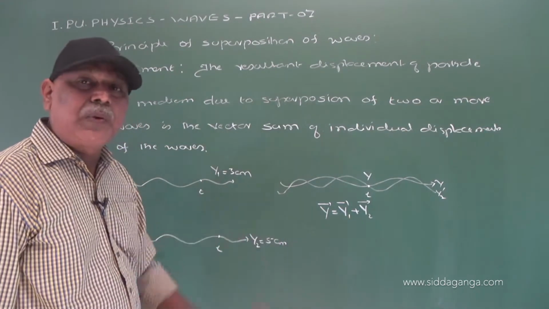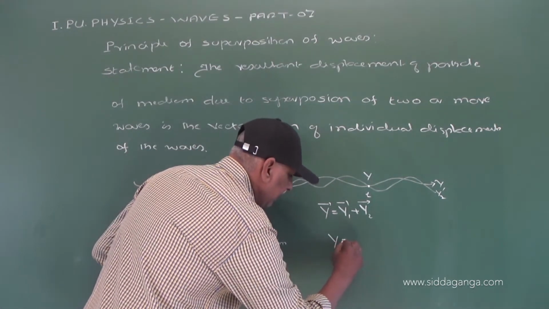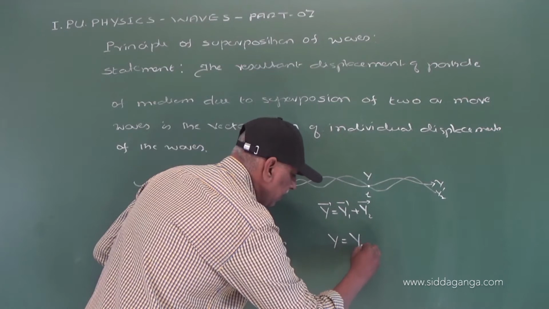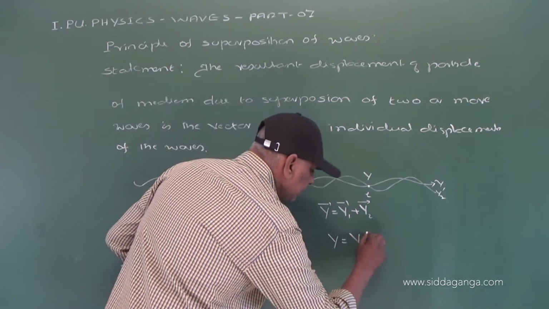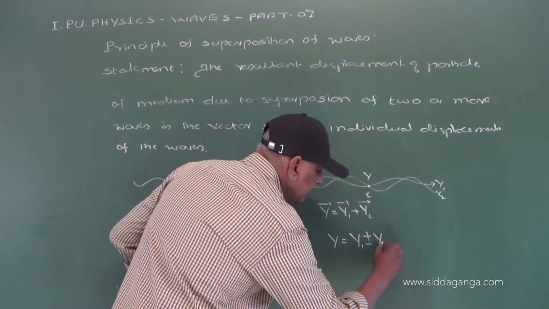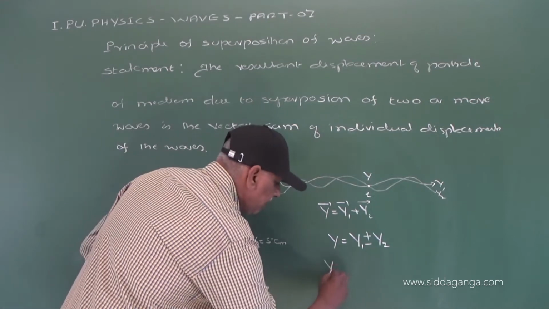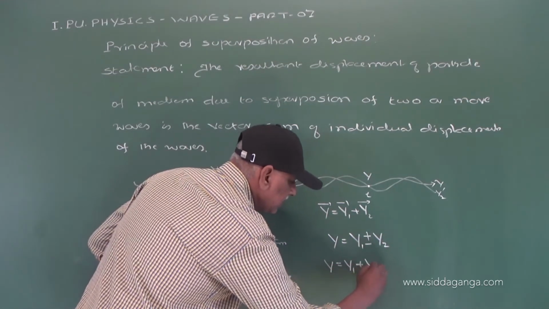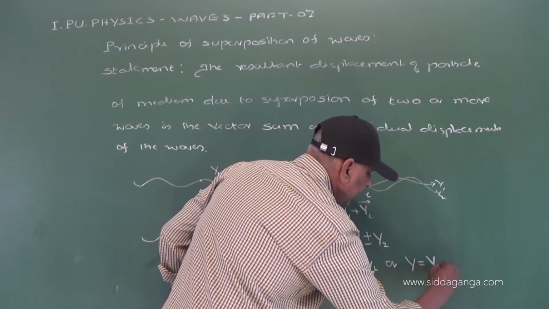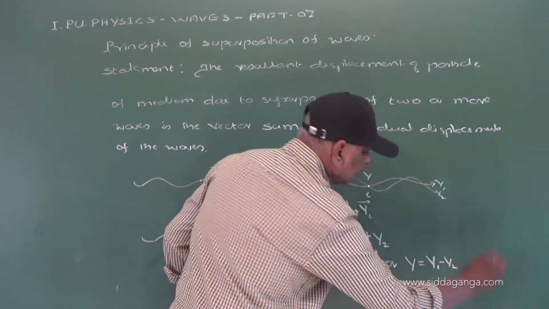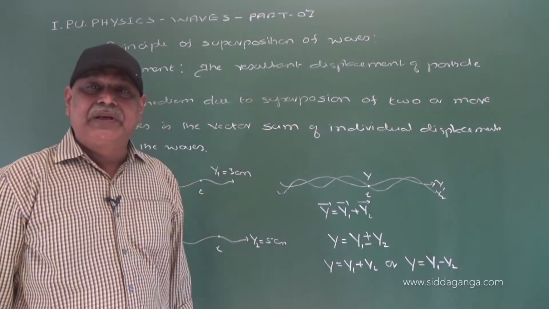When they superpose on each other, then the resultant displacement, I am talking about the magnitude of displacement, may be y1 plus y2 or y1 minus y2. y1 minus y2 means the difference between the two waves.